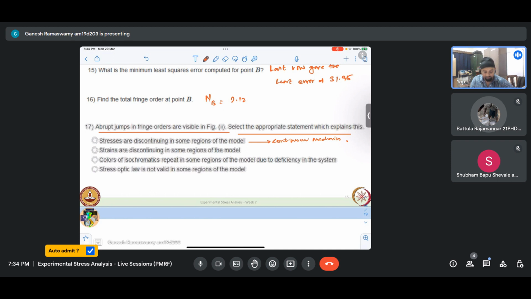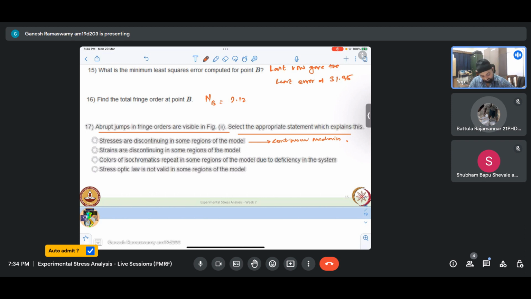Strains are discontinuous in some regions. We are not dealing with strains as of now, and since we are dealing with elastic bodies and the assumption of isotropic and homogeneous materials, for strains to be compatible and give smooth displacement fields, we will take it that these are continuous. So this is also not the reason.